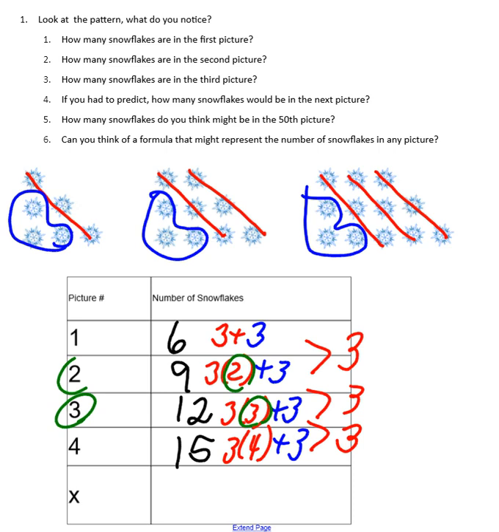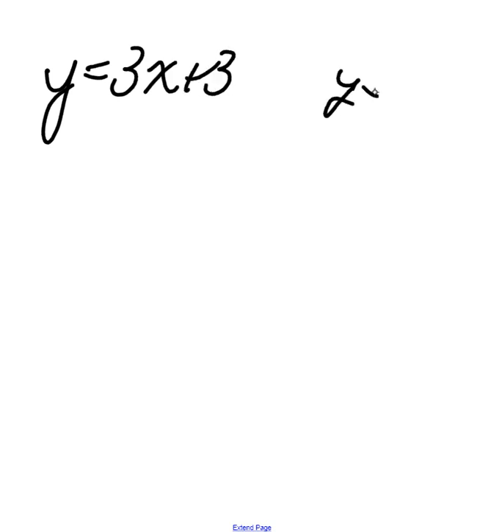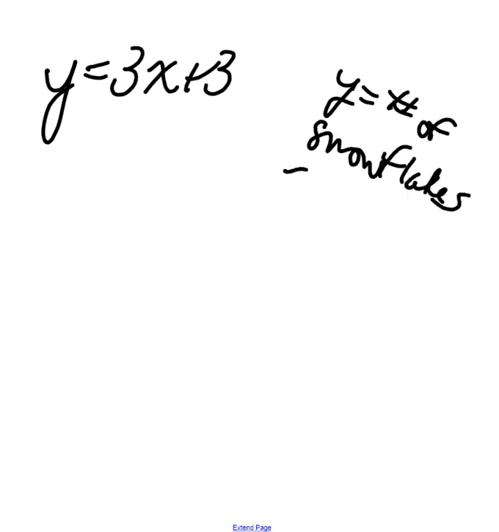So our equation might be 3 times x plus our L shape of 3. We can then use that equation, so y equals 3x plus 3, where y is the number of snowflakes, and x is the picture number.